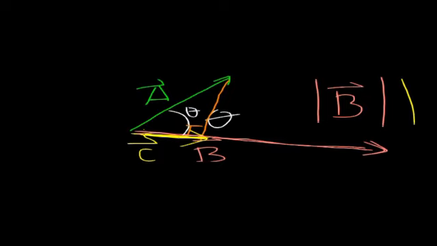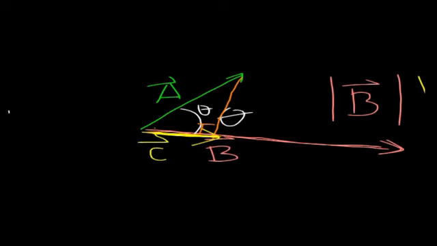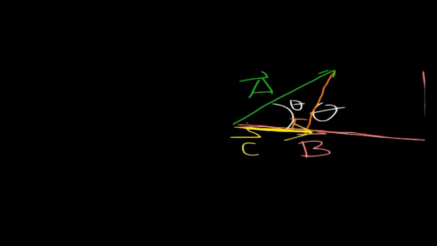So based on trigonometry, the magnitude of vector C is essentially, let's do it the long way. Let's pull out SOHCAHTOA.